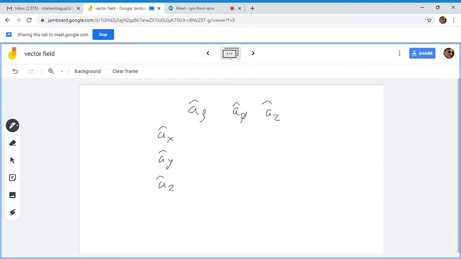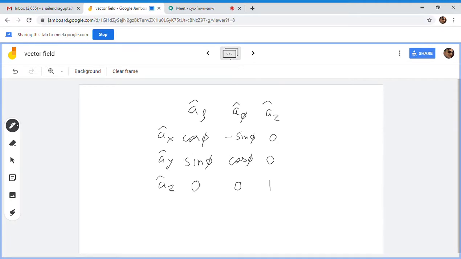Okay, so ax dot a rho gives us cos phi, ay dot a rho gives us sin phi, and az dot a rho gives 0. Ax dot a phi gives you sin phi. Mind you, you have to memorize all these things.